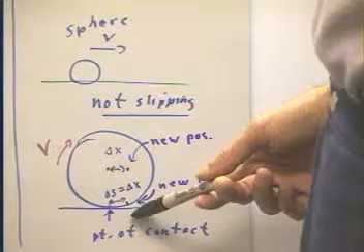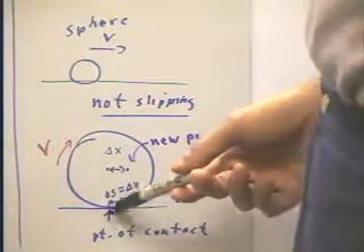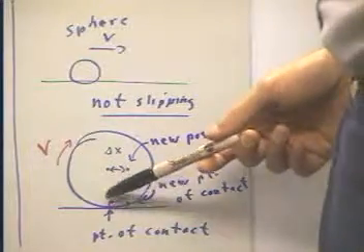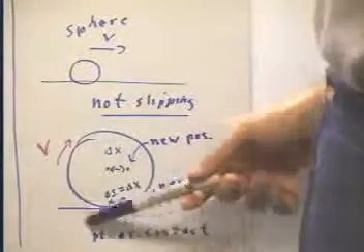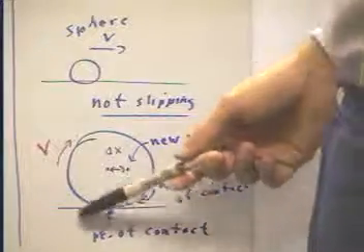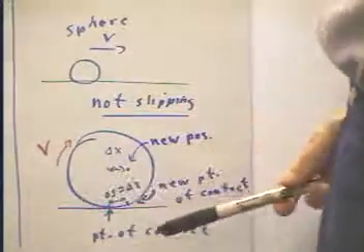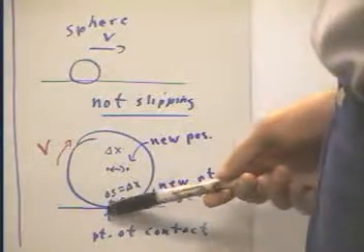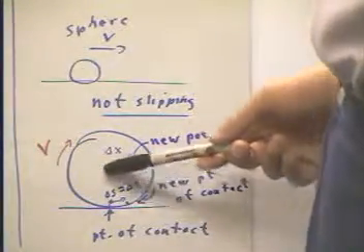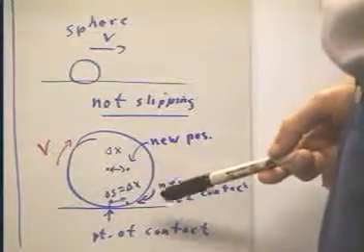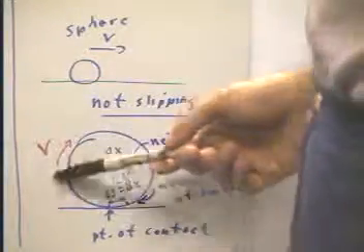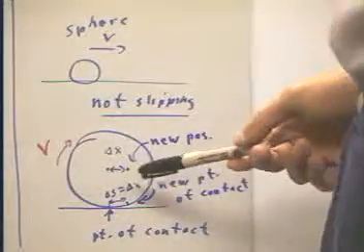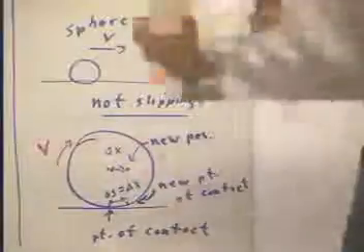The point of contact will move from here to here, so that much of the arc of the circle, it's the great circle through the sphere and the point of contact in the direction of motion. I don't want to go through all that definition, but this point on the surface will move a distance equal to the distance moved by the center of the sphere. And from this you can conclude that a point on the rim of the sphere has a velocity that's equal to the speed of the sphere.